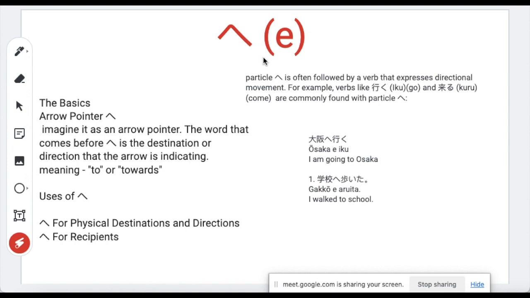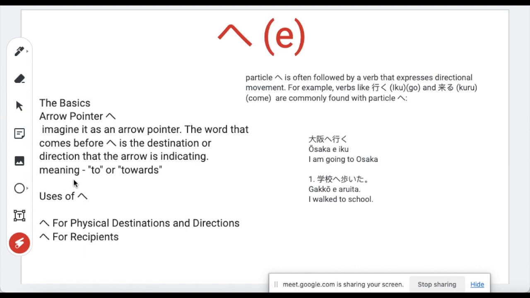That's why I am pronouncing this letter as 'e', not 'he'. I think it's clear to you. I didn't mention it earlier, but this is the pronunciation: when we are using 'he' as a particle, it becomes 'e'.